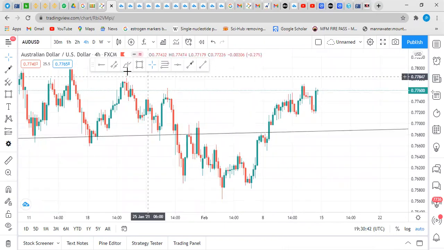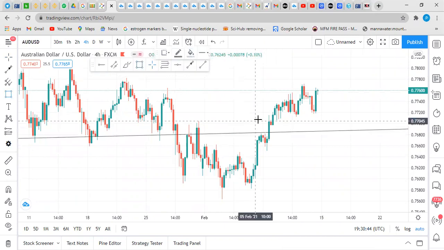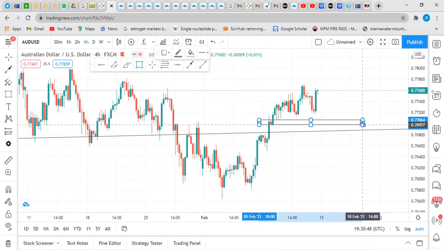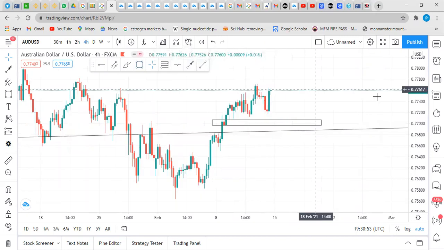Price has really moved a lot, so we can see an institution candle in play here.